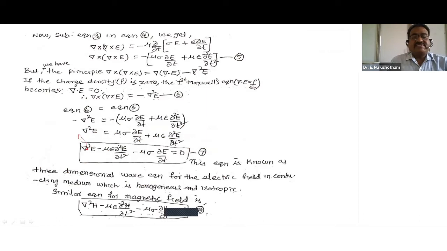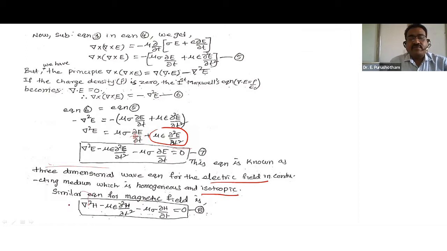So we can write this is del square E, minus mu epsilon dou square E by dou t square, I am taking to the left side, also taking to the left side minus mu sigma dou E by dou t is equal to 0. This equation is known as three-dimensional wave equation for electric field in conducting medium which is homogeneous and isotropic.